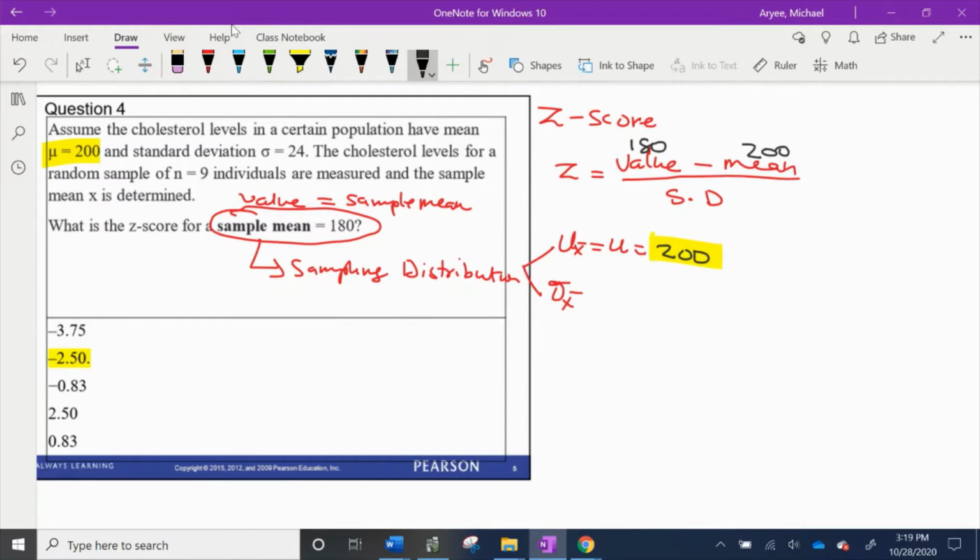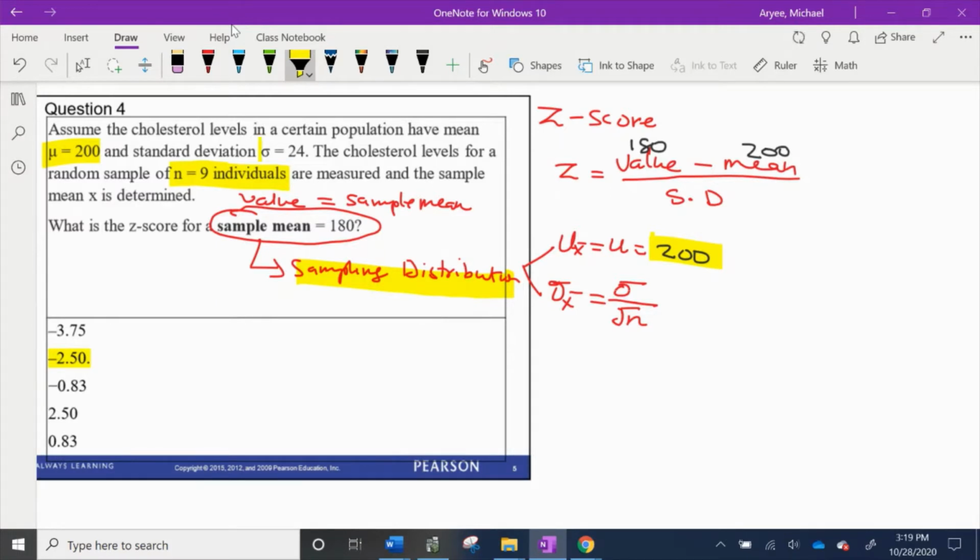But what is the standard deviation? Because it's a sampling distribution, the standard deviation is sigma over square root of n. And that is why they said something like n equals 9 individuals.